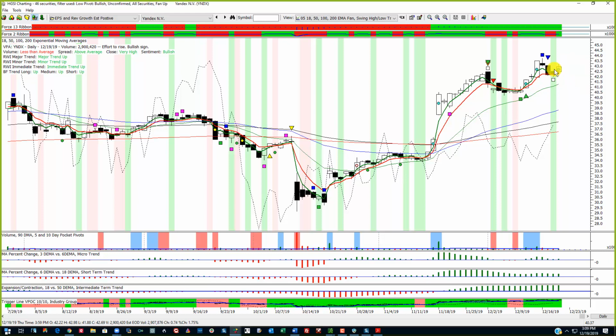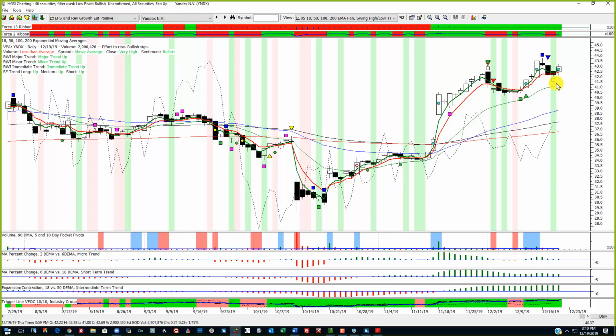This is really known as a universal trigger because it's taking out the prior day's high. And the only thing I really don't like about this is, volume is not very impressive today. It is in a fan. This is a fan I've been talking about: the 200, the 100, the 50, and the 18.